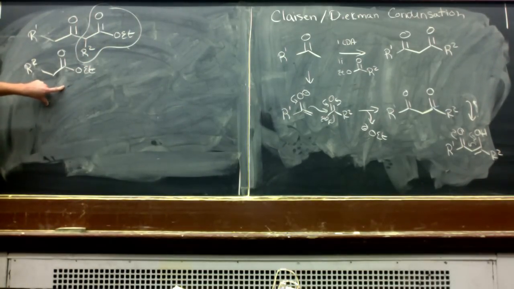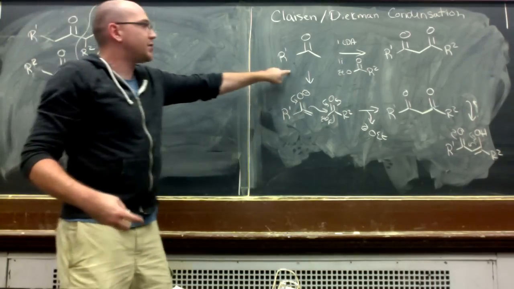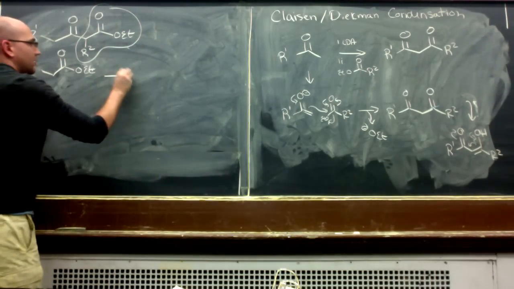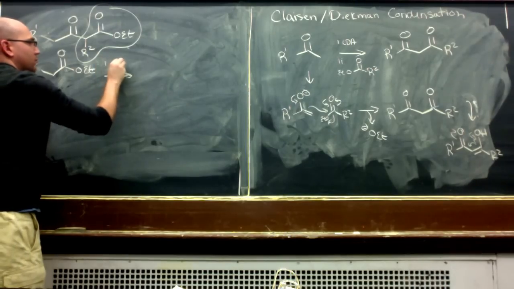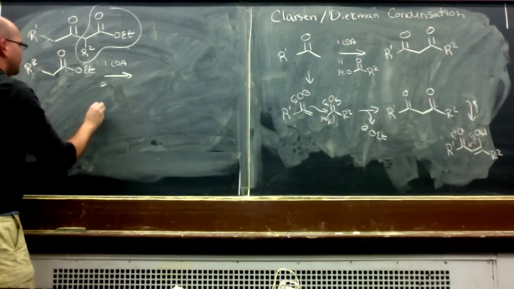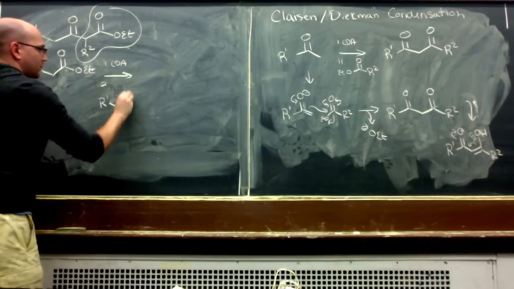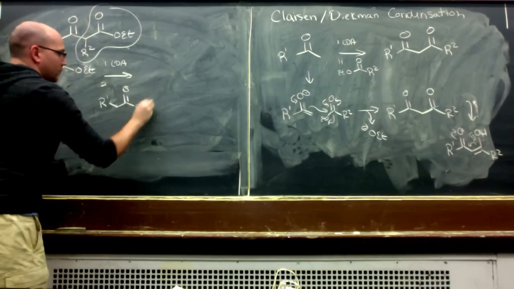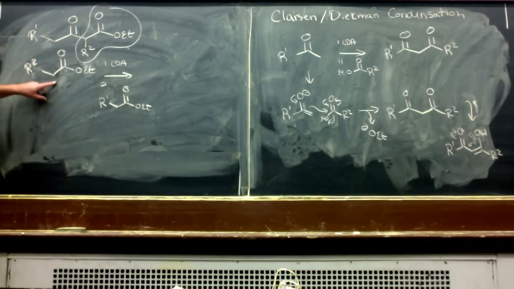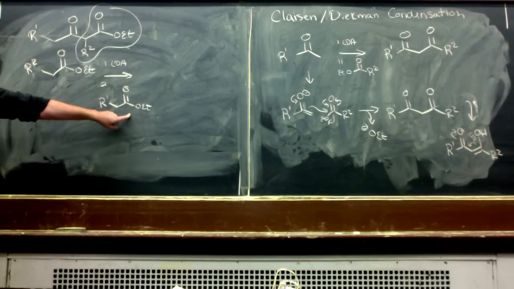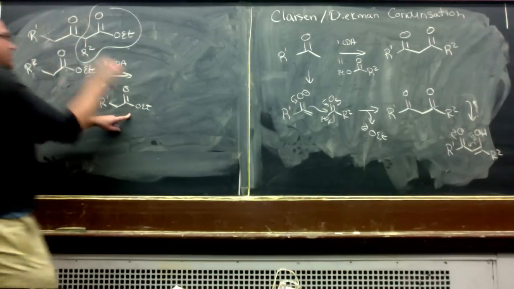Okay? And if we take it through the enolate Dieckmann condensation chemistry that we've seen here, so if we make this enolate and then treat it with this compound here, this ester, now we can begin to get these types of structures here.